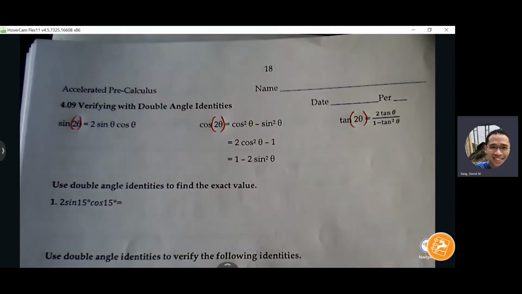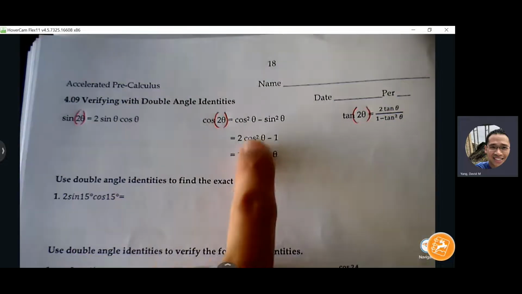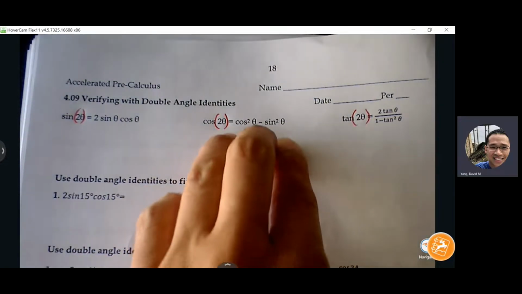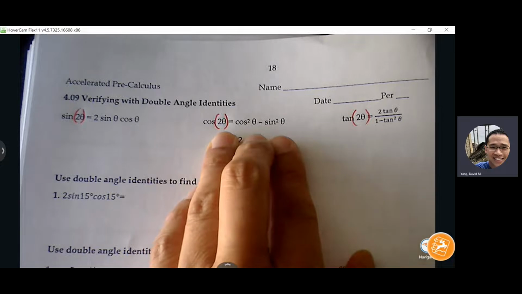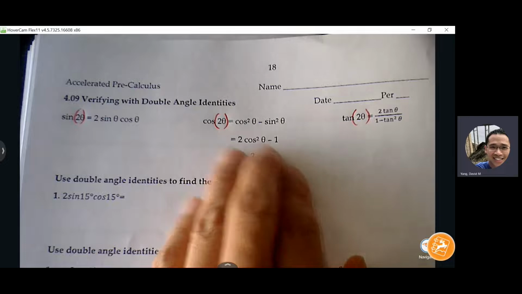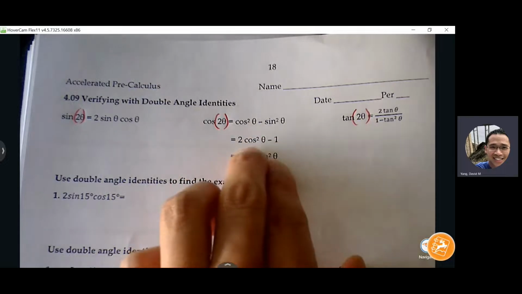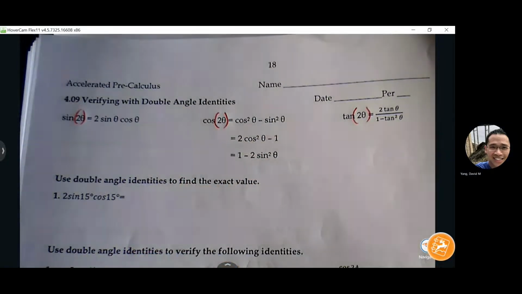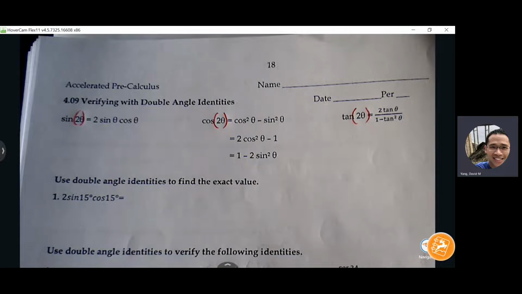You guys got pretty good with that on the quiz, and you were able to seamlessly take a trig function and find the replacement for it in terms of the other trig function. So that's what these 2 are doing. If you know cosine squared minus sine squared, you can get one in terms of the other using the Pythagorean identity, and these are the other 2 variations. Sometimes we want one variation versus the other.